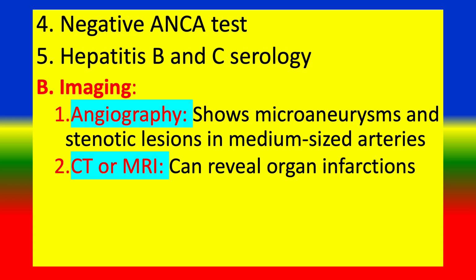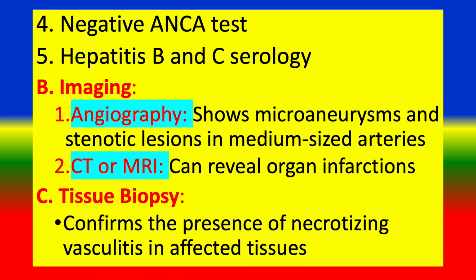B. Imaging studies. 1. Angiography showing microaneurysms and stenotic lesions in medium-sized arteries. 2. CT or MRI can reveal organ infarctions. C. Tissue biopsy confirms the presence of necrotizing vasculitis in affected tissues.